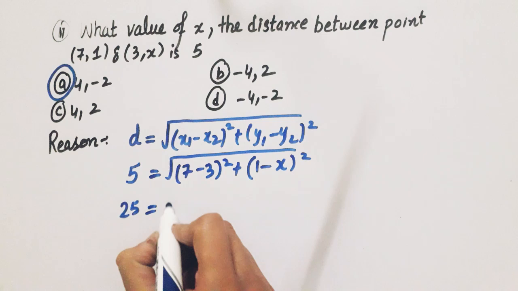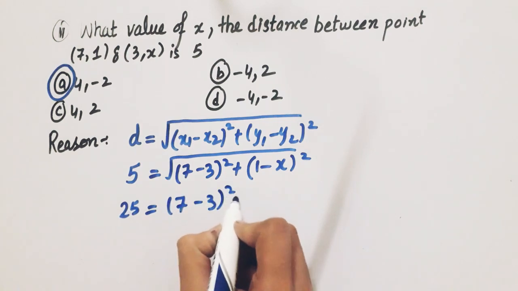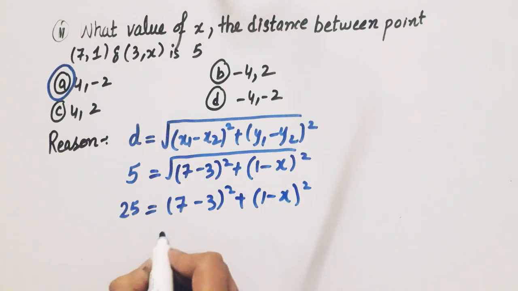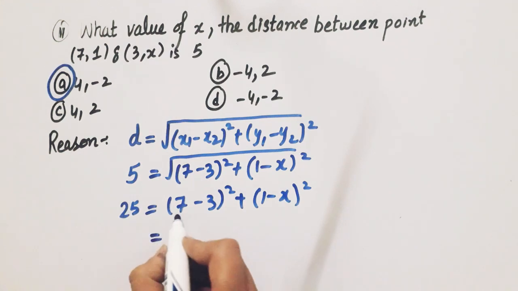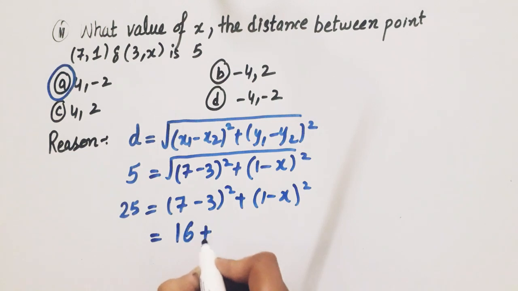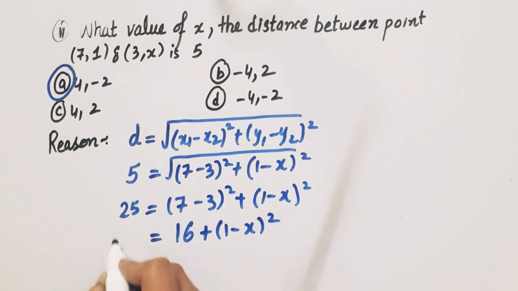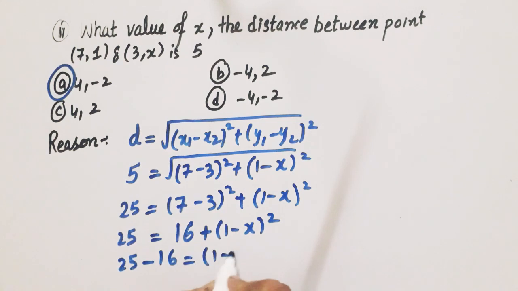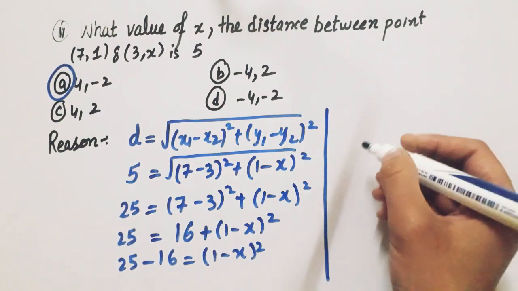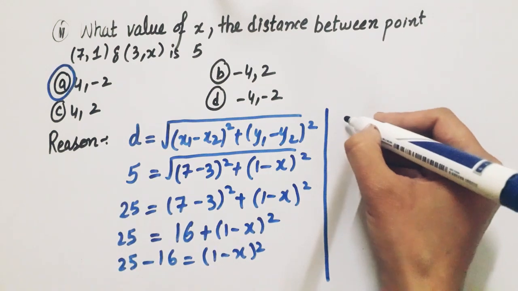So 25 is equal to 7 minus 3 square plus 1 minus x square. Now we will solve this. 7 minus 3 is 4. So 4 square is 16 plus 1 minus x square is equal to 25. So 25 minus 16 is equal to 1 minus x square. Now solve this further. 25 minus 16 is equal to 9.